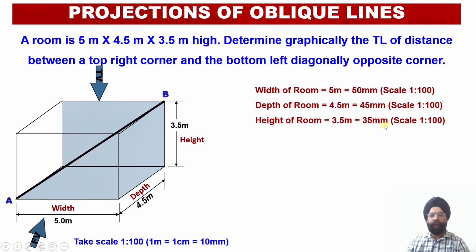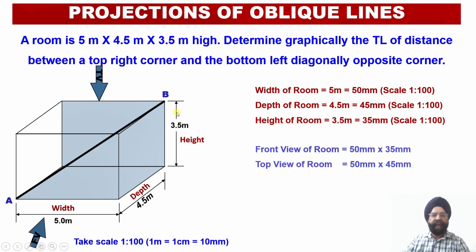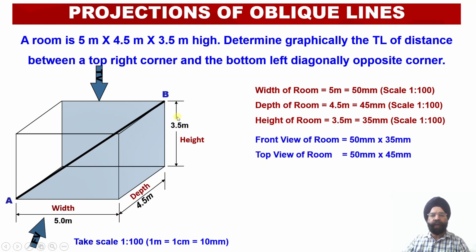Now in the front view we are going to view the width of this room as 50 millimeter and the height of the room equal to 35 millimeter. So the front view of the room will be drawn as 50 millimeter by 35 millimeter.